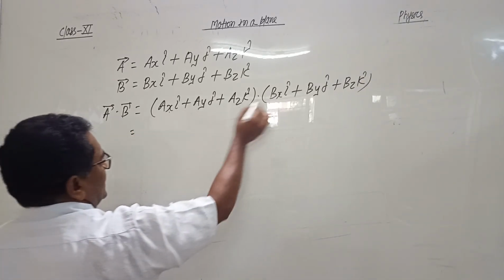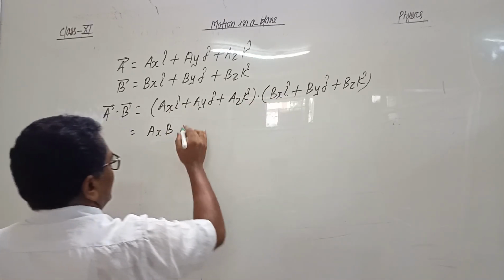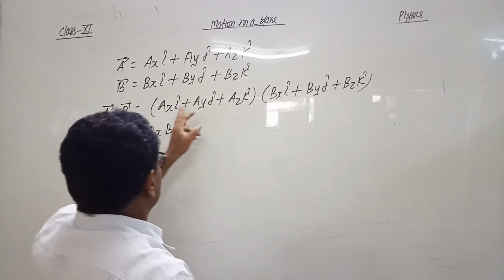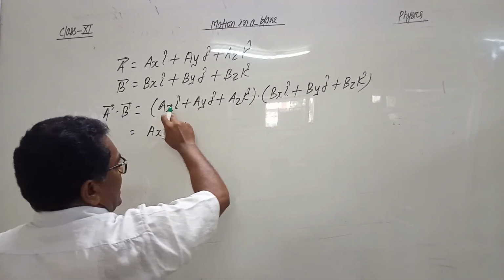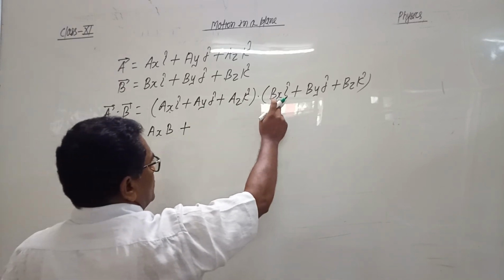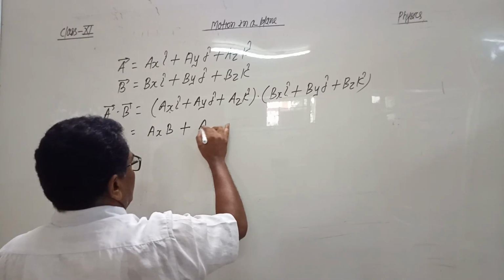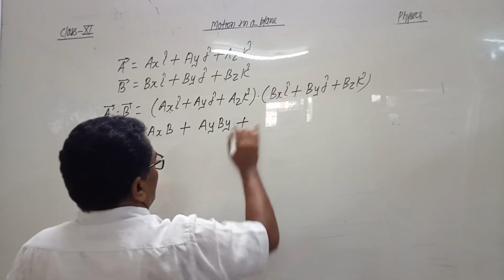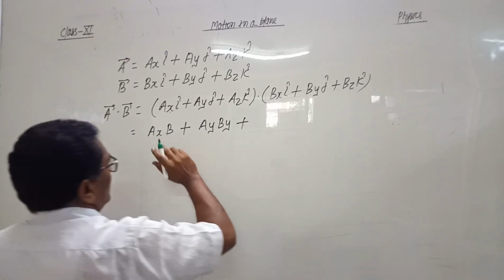So we get ax into bx, and i dot i is 1, plus ax into by, and i dot j is 0, ax into bz, i dot k equals 0, ay into bx, j dot i equals 0, ay into by, and j dot j equals 1, and ay into bz, j dot k equals 0.